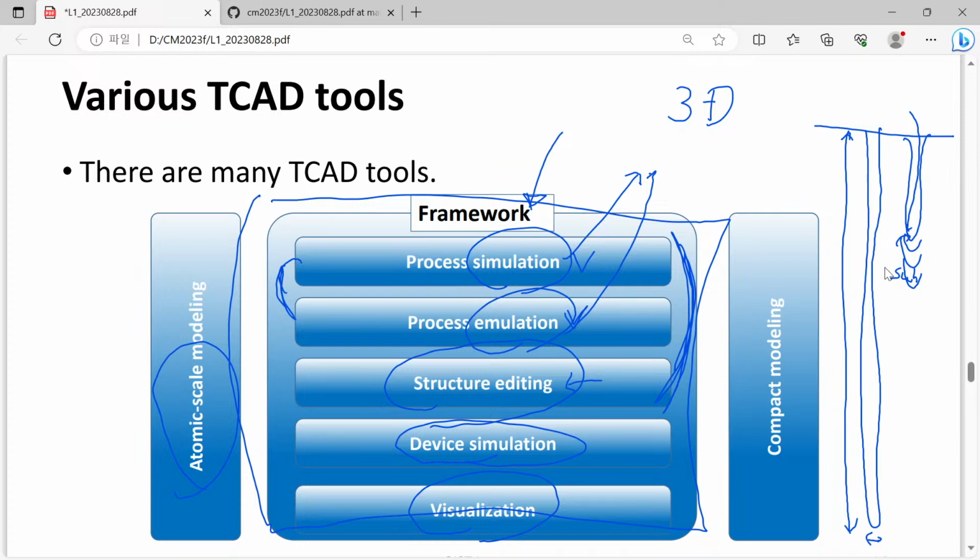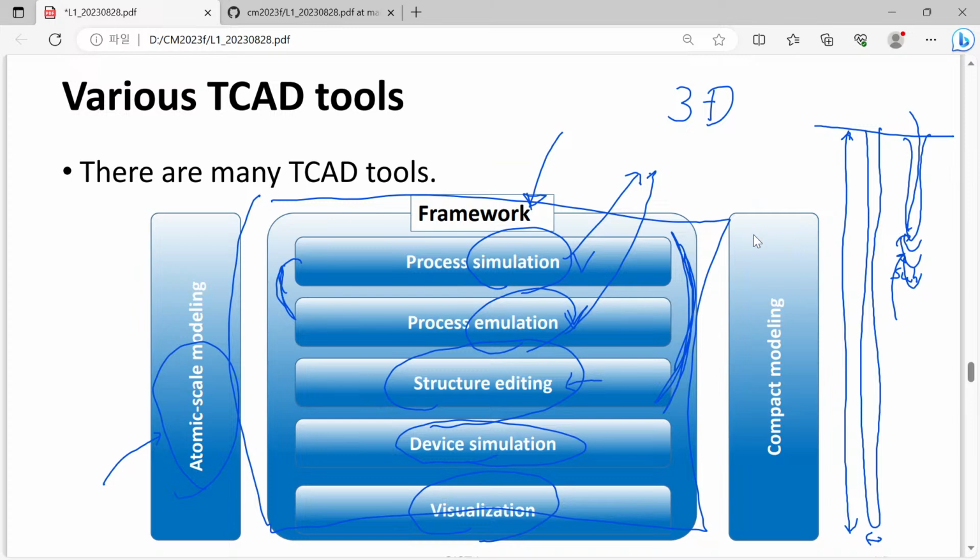So here we have to model the surface reaction, and this kind of surface reaction is well modeled only by atomic scale modeling. So nowadays it becomes more and more important.